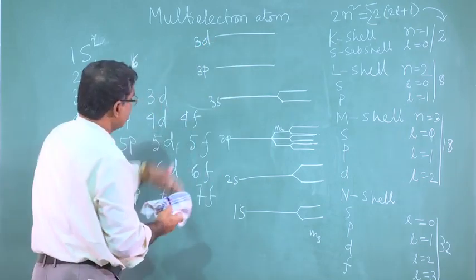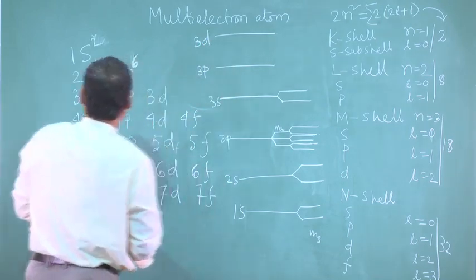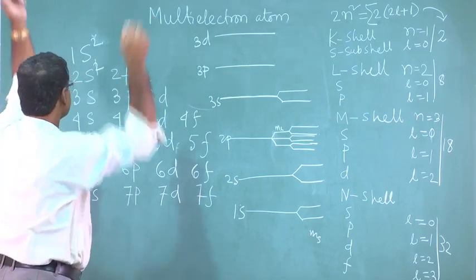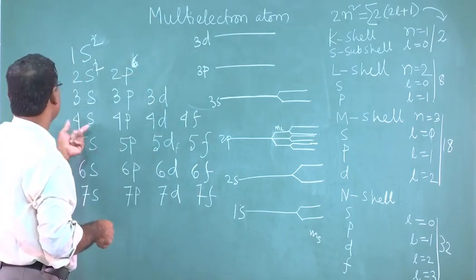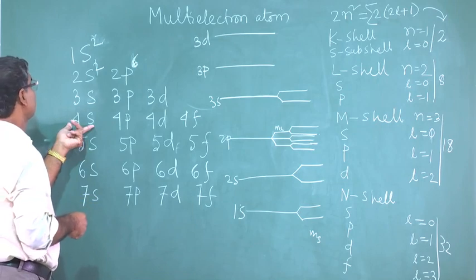So, this way I can arrange the energy levels. Now, next after 3d, I need 4s.